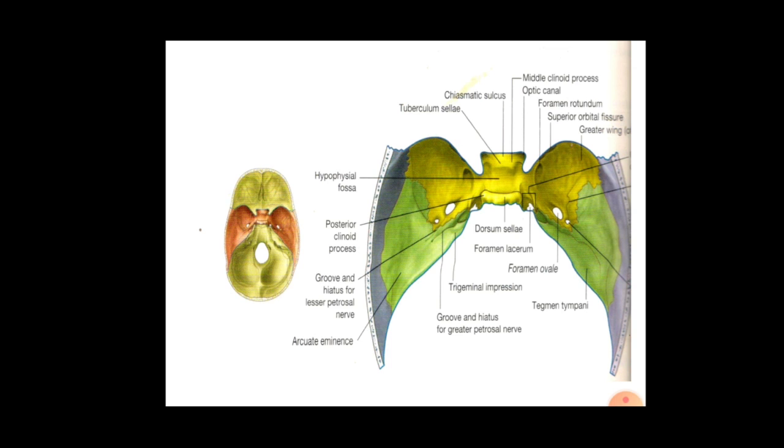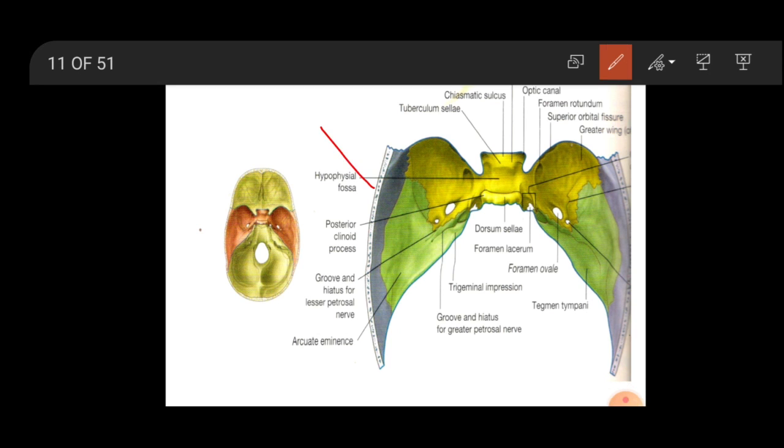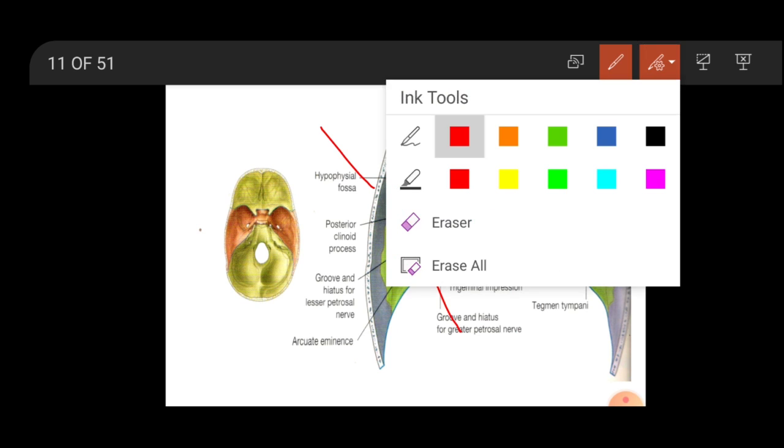This yellow color is the sphenoid, green color is the temporal, and this gray color is the parietal bone. So these are the bones that form the middle cranial fossa: sphenoid, temporal, and the parietal bone.